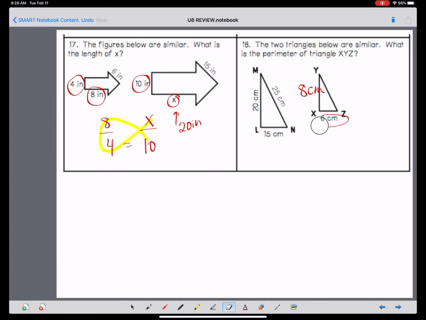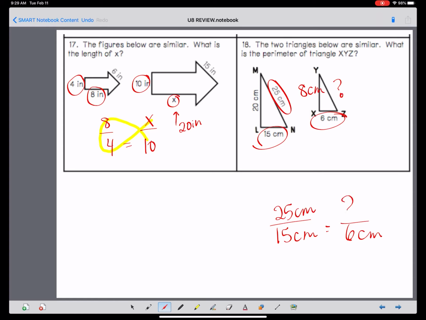Let's see, I know that 15 centimeters and 6 centimeters have to be proportional. So that means 25 centimeters on my left triangle has to be equal to some value that I'm not sure of yet. So let's go ahead and figure out what that is. 6 times 25 divided by 15.